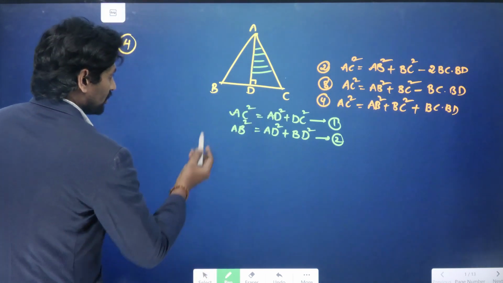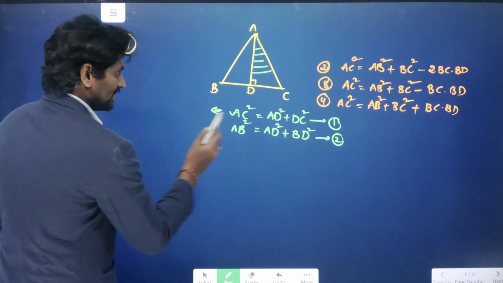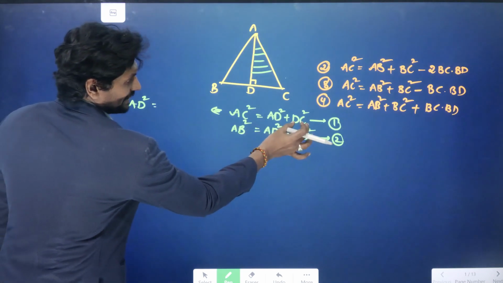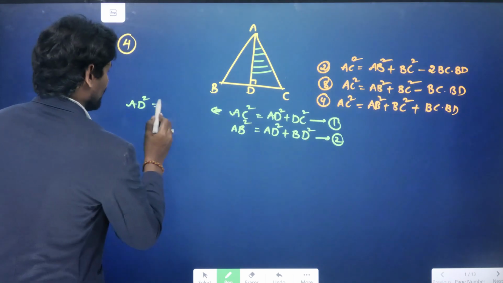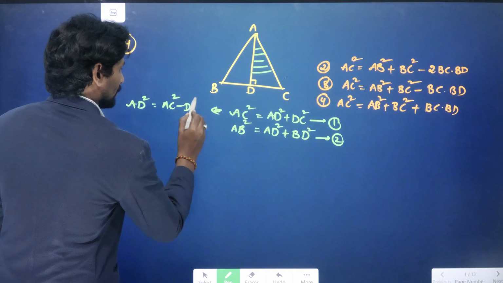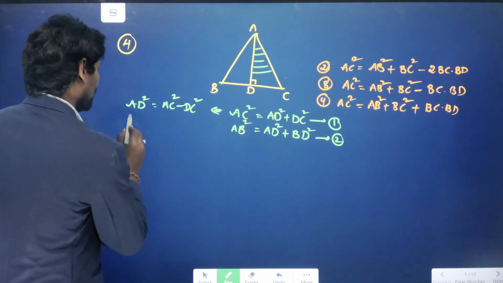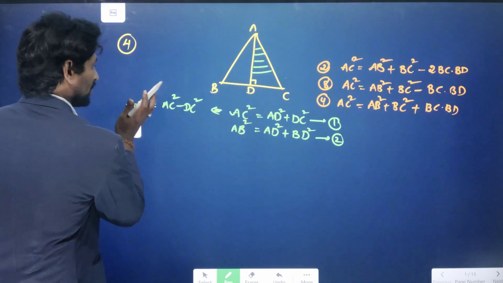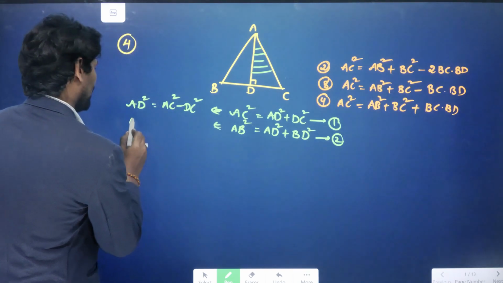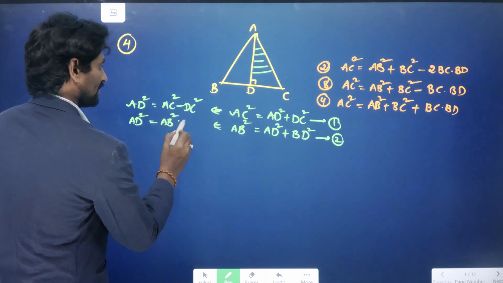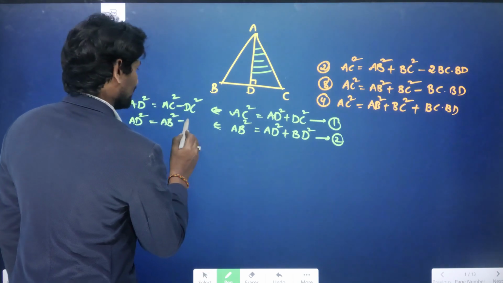So AD square equals AC square minus DC square, bringing DC square to this side. In the same way, from equation number 2, AD square equals AB square minus BD square.